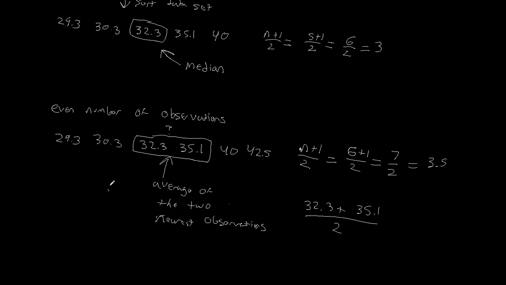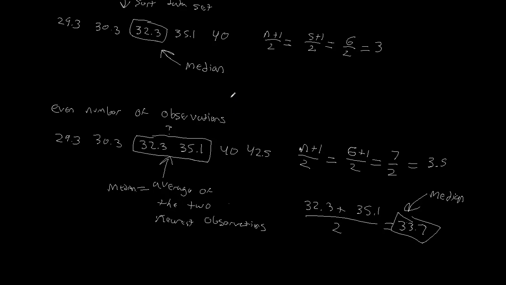So the median is going to be the average, and if you do the math, 32.3 plus 35.1 divided by 2, you get a median of 33.7. This right here is your true median.